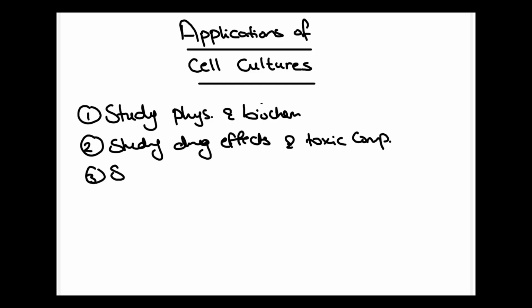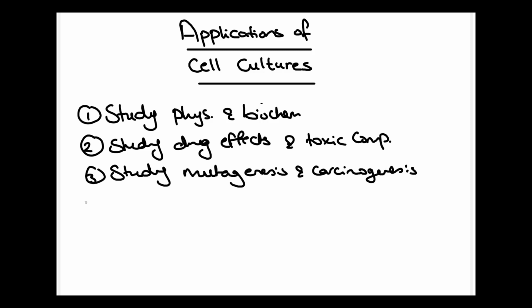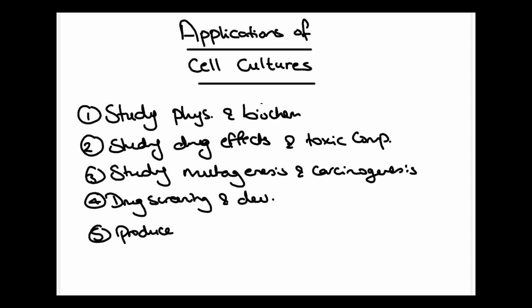We can study mutagenesis and carcinogenesis. We can do drug screening and development. And finally, we can manufacture or produce biological compounds, such as vaccines or therapeutic proteins.